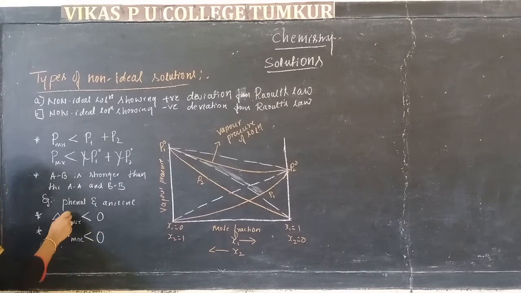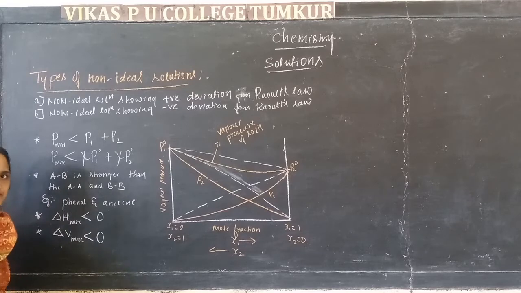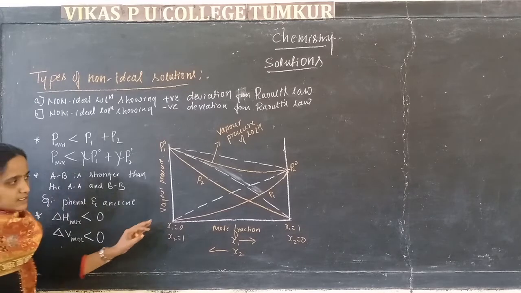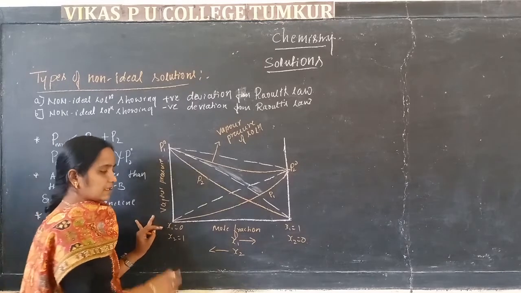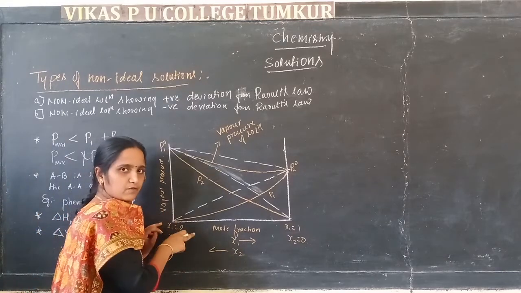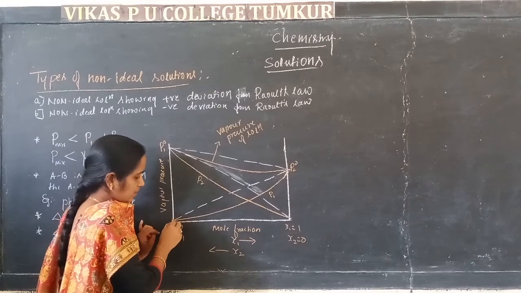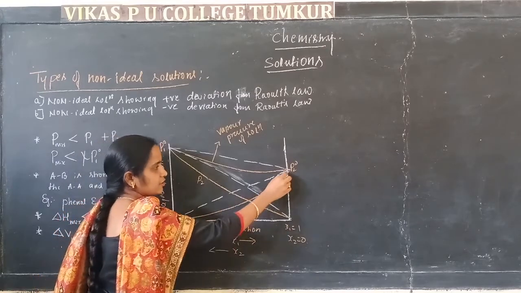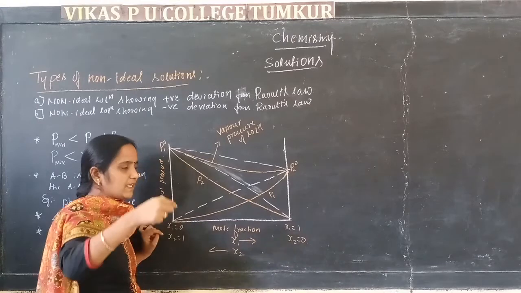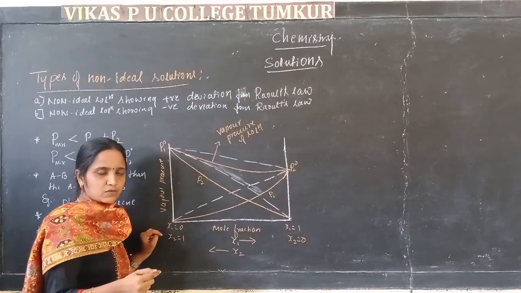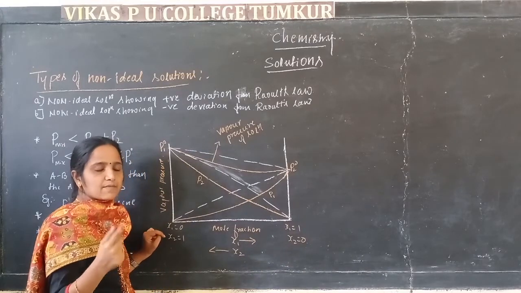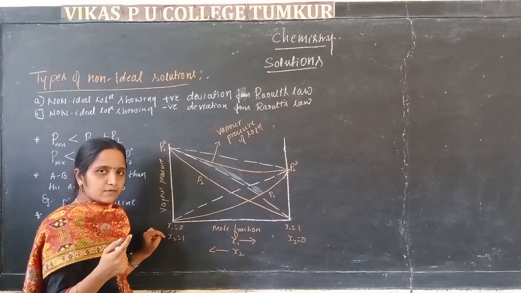That's about some of the characteristics of the non-ideal solution which shows the negative deviation. In this graph, you can observe that it is drawn as vapor pressure versus mole fraction. Whatever the line deviates, it shows the vapor pressure is going to decrease. Why does it decrease?